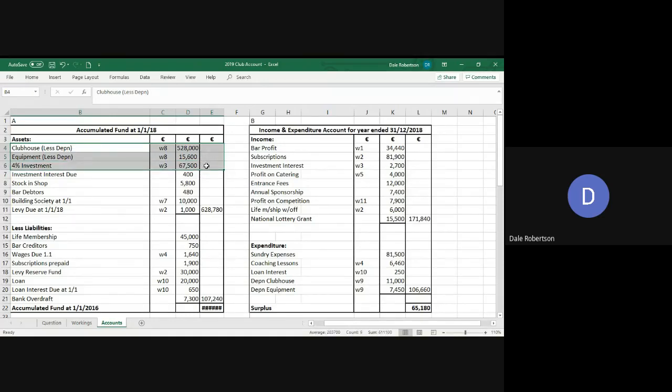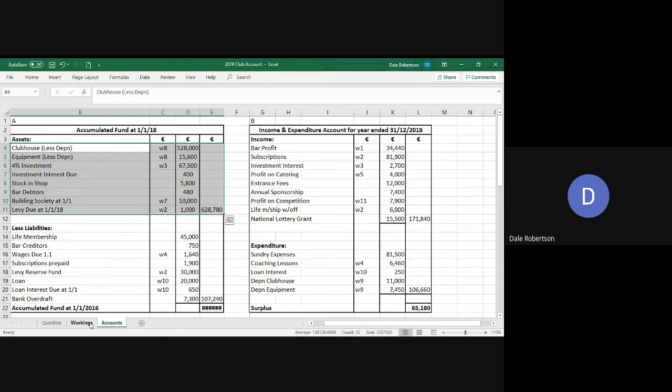The investment is a hidden investment, but we worked it out to be 67,500 in working 3. Then you have investment interest due from the top sentence, you have opening stock, you have debtors, and then this is the hidden building society of 10,000, and we also had our levy due at the start of the year.